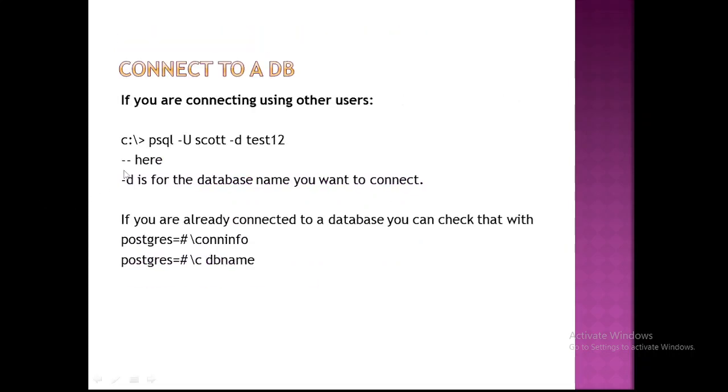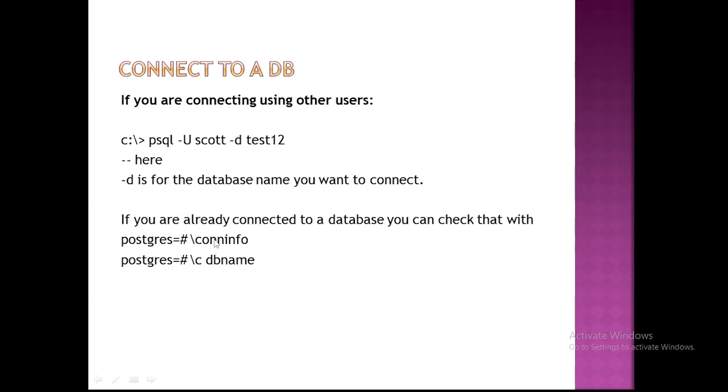If you have a database and user created for you, you can use this syntax to connect to it: psql -U, your username, and -d, which is for your database name. If you are already connected to a database, you can check which database you are connected to with \conninfo.